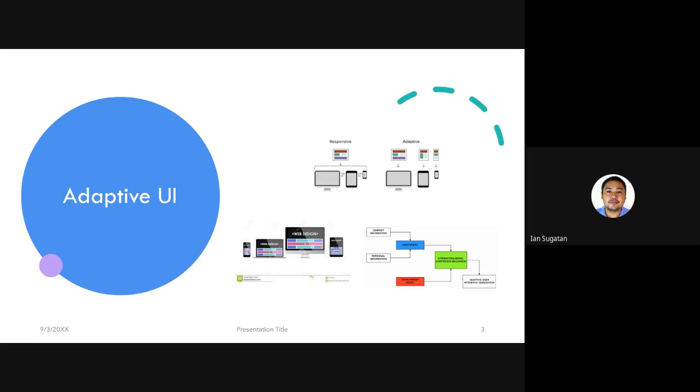So for example, when your application is running either on a desktop computer, a mobile device, or a tablet, you can tailor the UI or the user interface to take advantage of different screen resolutions, screen sizes, and DPI density.